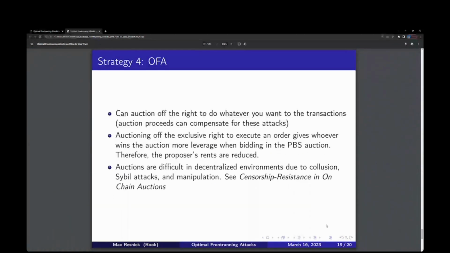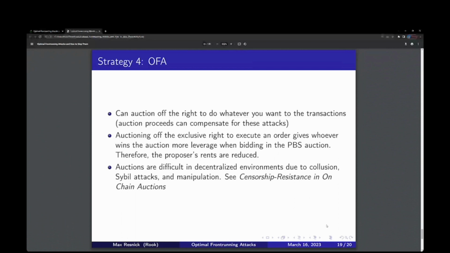At first glance, this seems like it maybe doesn't solve the problem right away, because remember we said that the trader isn't getting worse execution. But you can also auction off the right to interact with a pool, for example, or add liquidity to a pool. So there's a lot of things that you can auction off as part of the order flow auction.